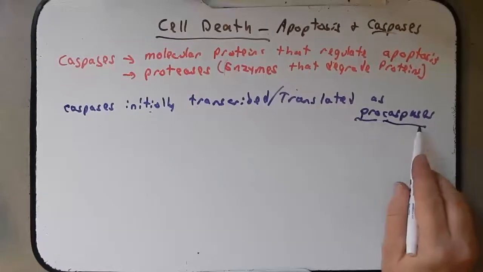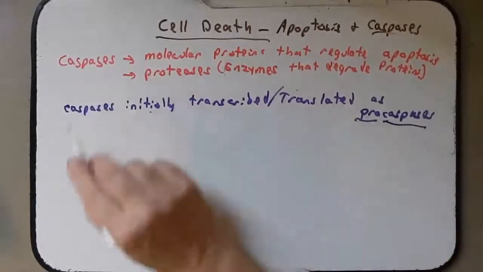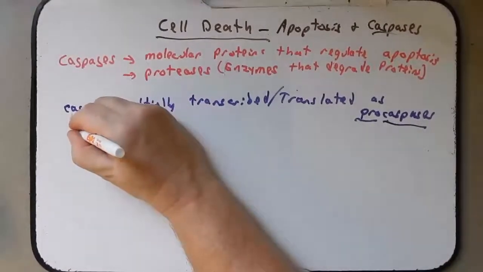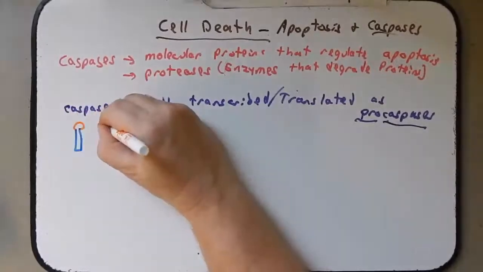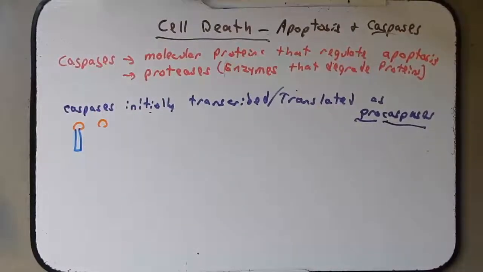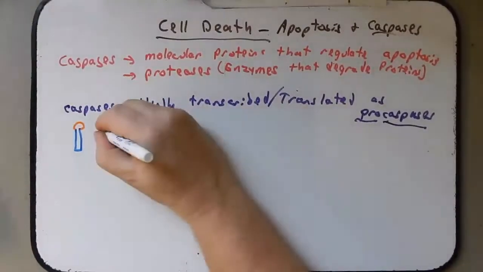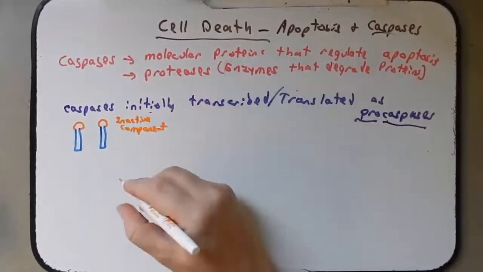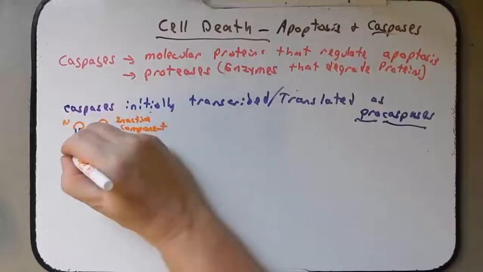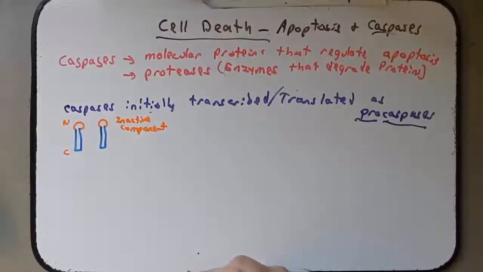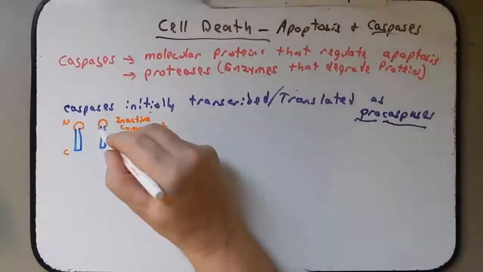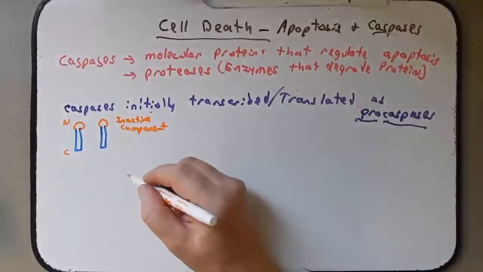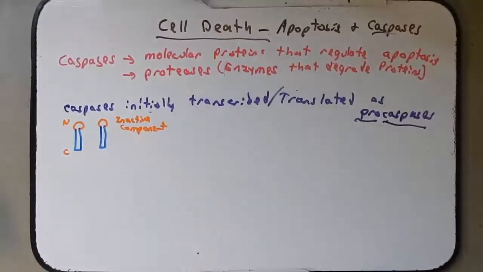So pro-caspases are inactive caspases. And let's just draw them like so. And the part here I'm drawing in orange, this is what we'll call the inactive component. It's still part of the protein. In fact, this is the N-terminus and that's the C-terminus of the protein. But this part here, encoded by the N-terminus of the protein, allows the caspase to be inactive.